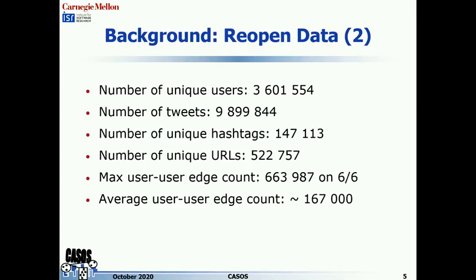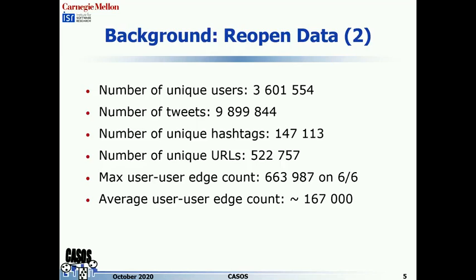The dataset is fairly large: 3.6 million users, almost 10 million unique tweets, 150,000 unique hashtags, and more than 500,000 unique URLs. The size of the user-user all-communication networks per day is around 167,000 nodes on average, and it peaks at over 660,000 on June 6th.